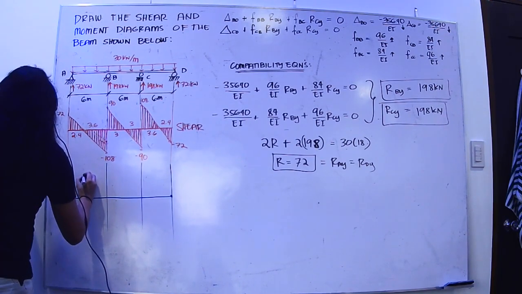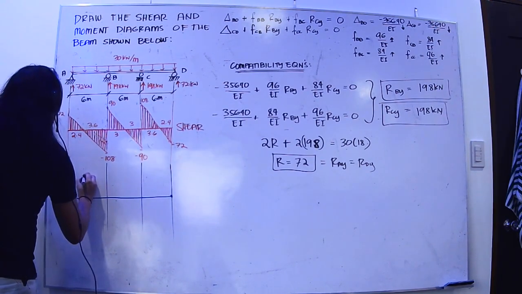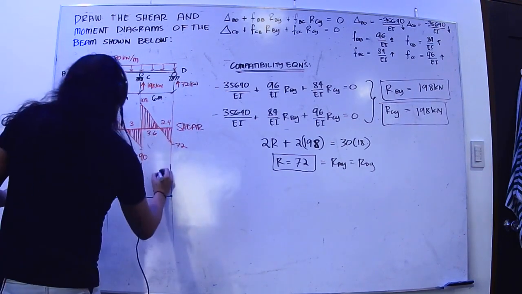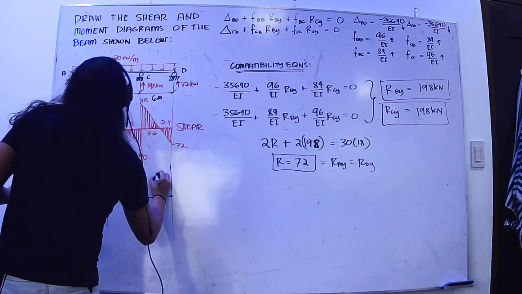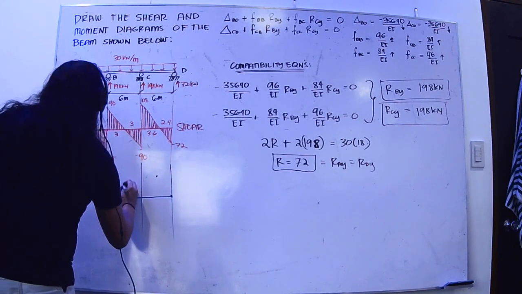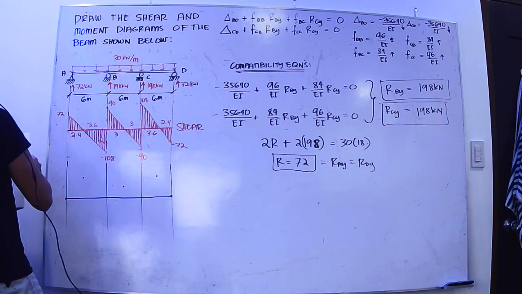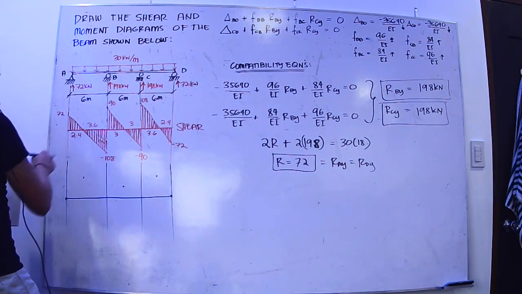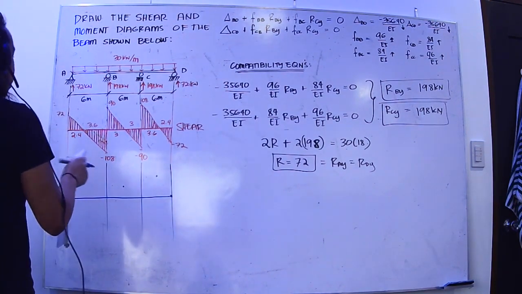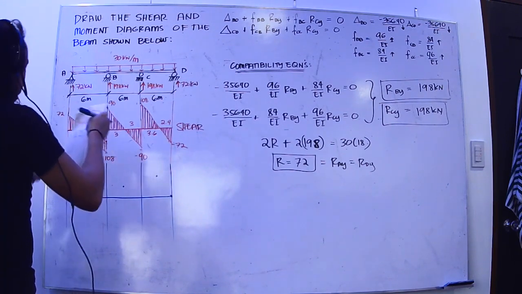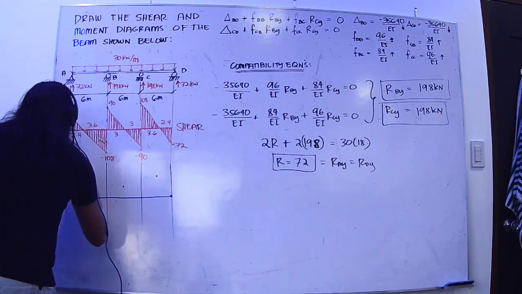Okay? So, it's around here. So, area of the triangle, that is 1/2 of 72 times 2.4, that should be equal to 86.4.